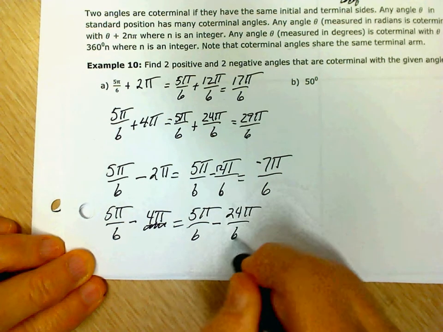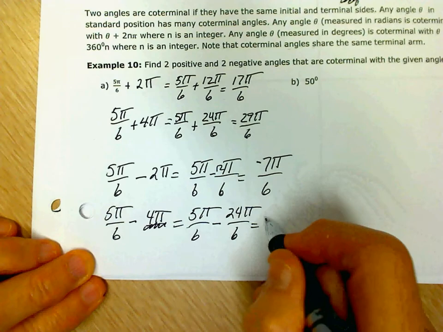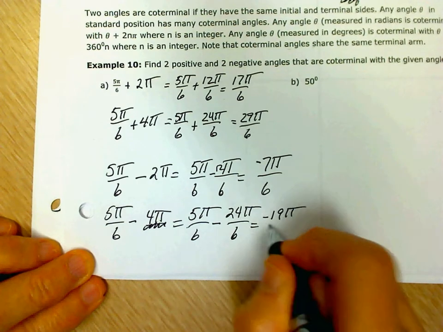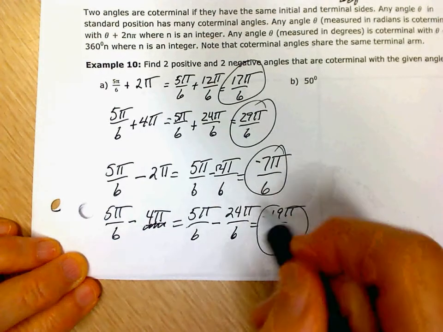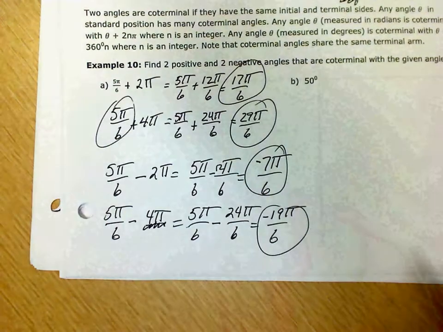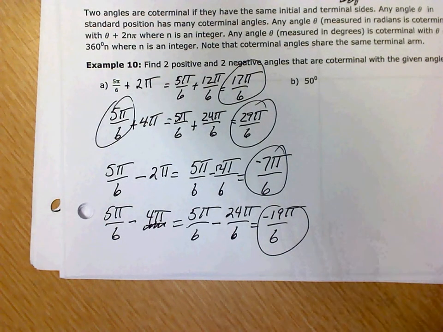That equals negative 19 pi by 6. All of these have the same terminal arm. All these angles will all have the same trig ratios. All of them.